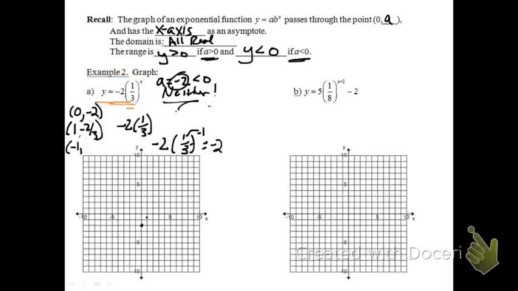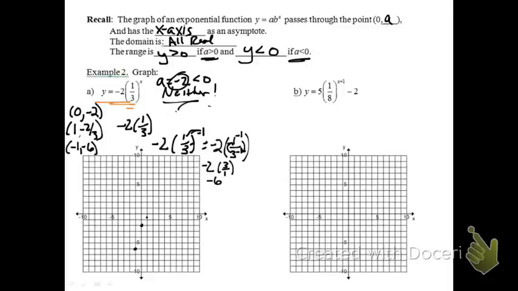If you distribute that -1 power to the 1 and the 3, it's going to be 1 to the -1 and 3 to the -1, which means you have to flip them. So it's going to be -2 times 3 over 1, which is really just 3. You'd get out -6. So that's a nicer coordinate to plot than if we were to plug in 2. I think if we plugged in 2, we'd get some really small decimals. So here I can plot a nice -1/6.